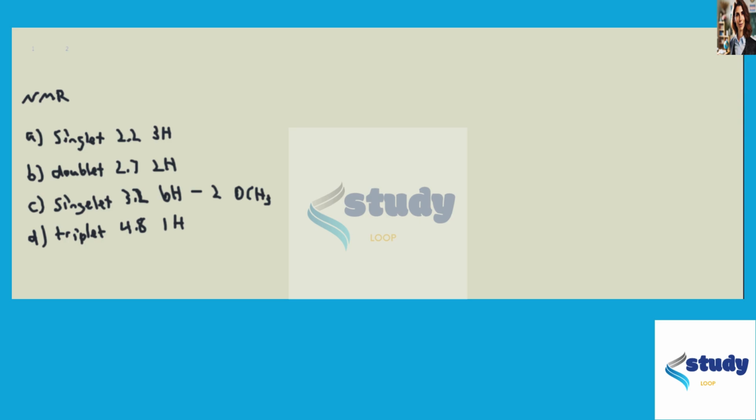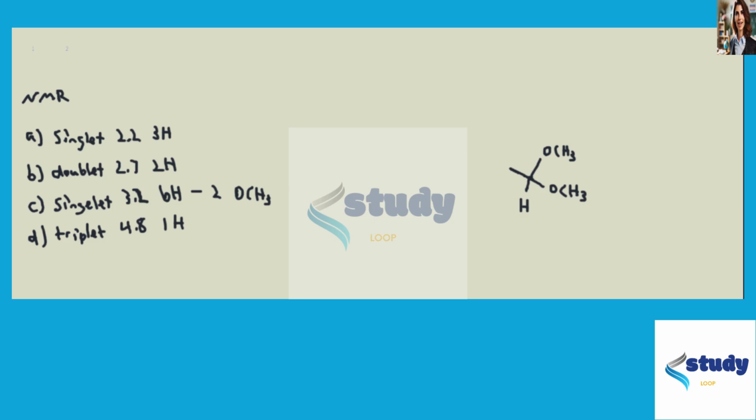The other thing that jumps out is we have 1 proton giving rise to a signal by itself. It's a triplet, and it's at 4.8, which is far downfield. So what I'm thinking off the bat is we have 1 carbon that's going to have these 2 methoxides coming from it, and it's going to have whatever else on the rest of the molecule, but it's also going to have a single proton there.